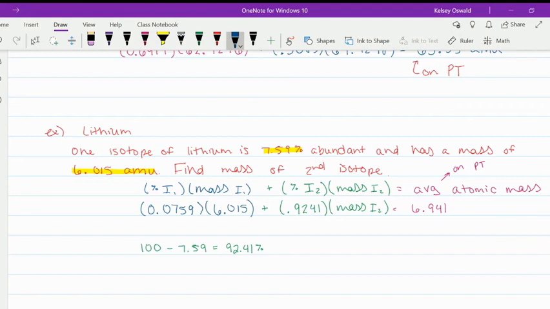So if we do 0.0759 times 6.015, I'll get this to be 0.456. Okay, then if we want to get that mass by itself, we'll need to subtract 0.456 from either side.